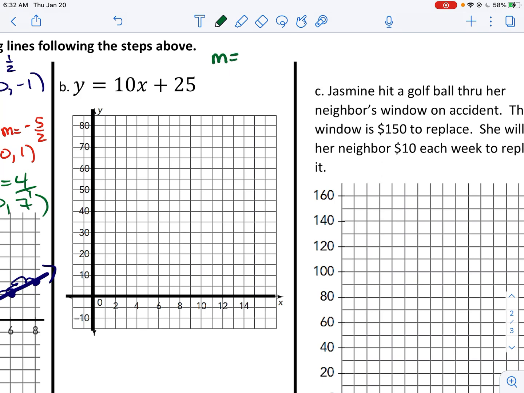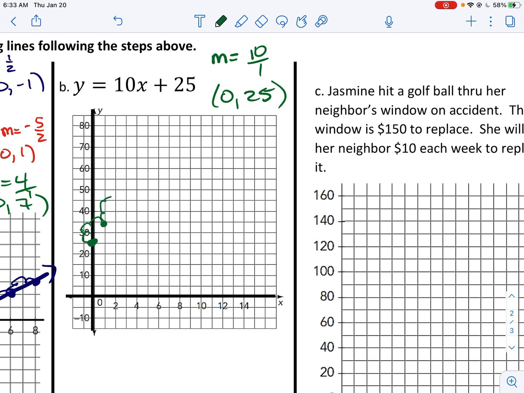Okay, so this next one, the slope is the number in front of x, so that's 10, or 10 over 1, and 25. So I go to 25, so that's halfway between 20 and 30. I go up 10. So if I'm going up 10, I go up 5, 10, over 1.